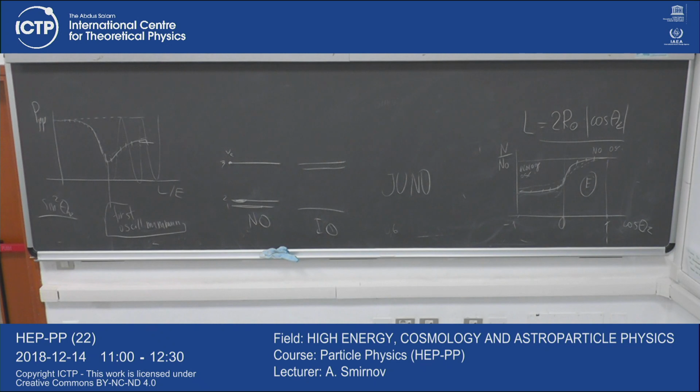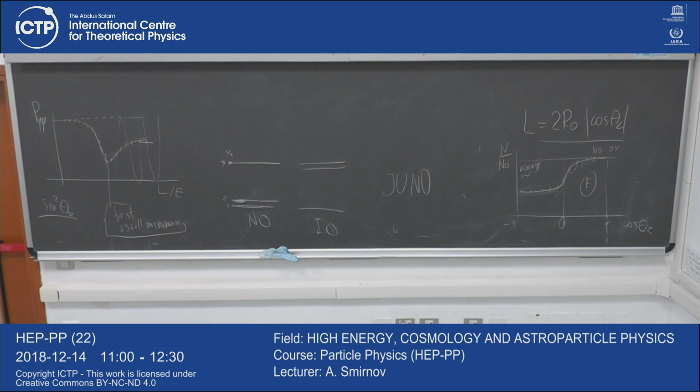Actually, present day experiments already give some hint that the hierarchy is normal. And maybe further operation of the NOVA experiment in the US, from Fermilab to Minnesota. They have quite a big distance, and therefore there is a matter effect on these oscillations, which is sensitive to mass hierarchy.